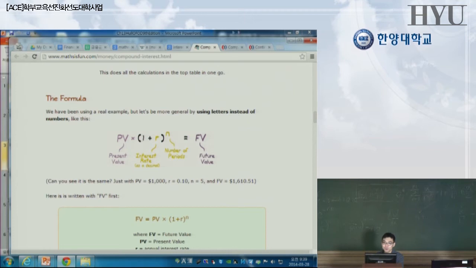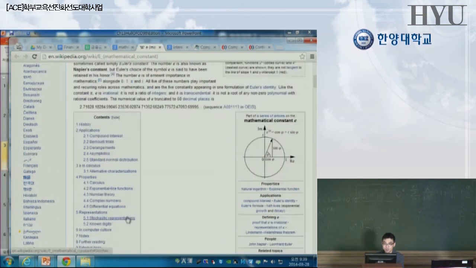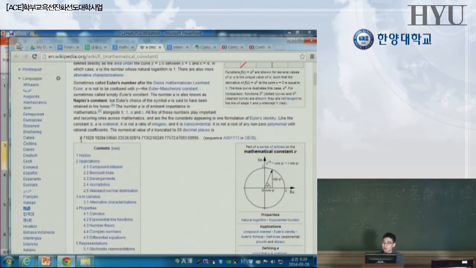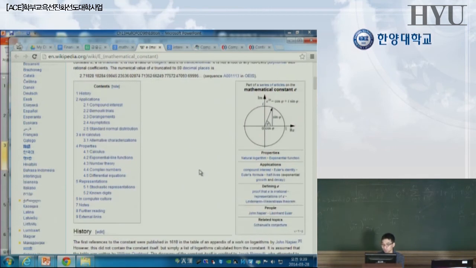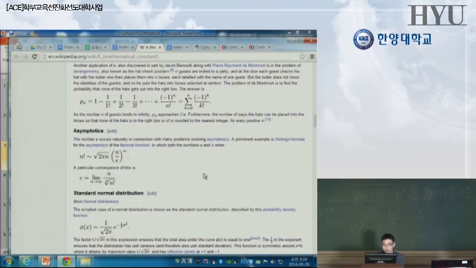And then for your curiosity, e looks like this. The value of e to the power of 1 is 2.71828 blah blah blah. And it is an irrational number, so there is no pattern in this number. There are other ways to define e. It looks like this.